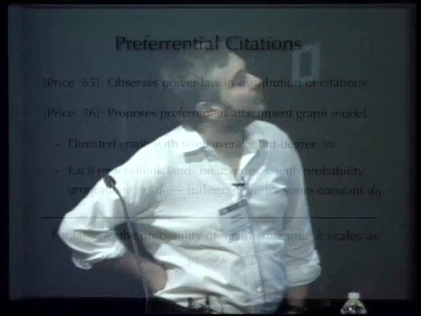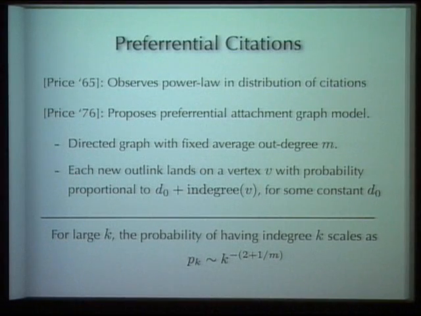So perhaps the first work in this area was done by Price in 1965, who observed that if you look at the number of citations received by different papers, this seems to follow a power law. And in 76, he proposed the preferential attachment model for creating bibliographic networks.